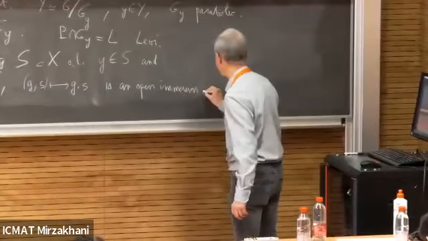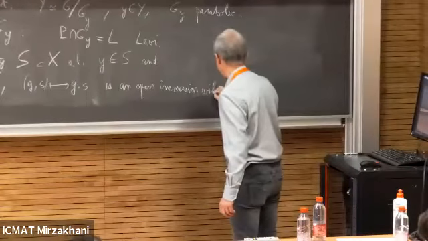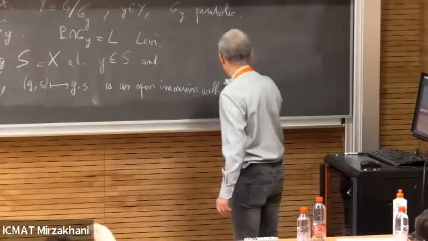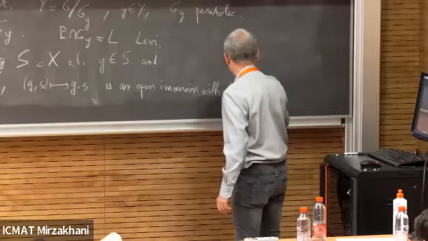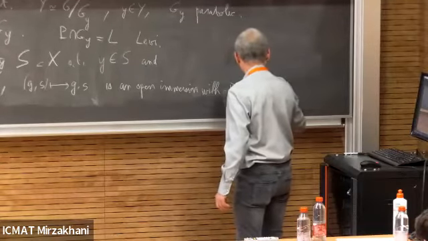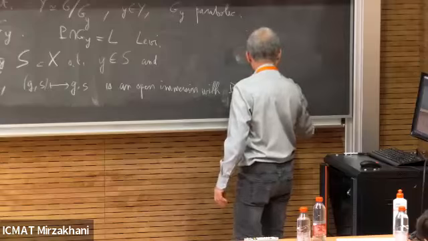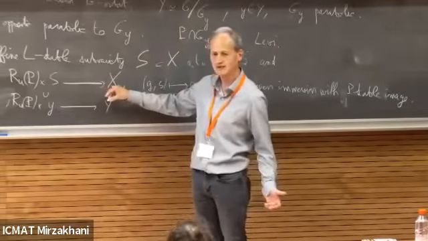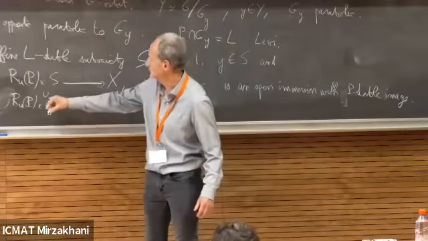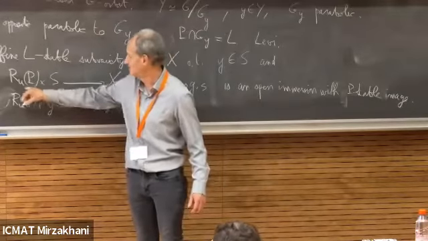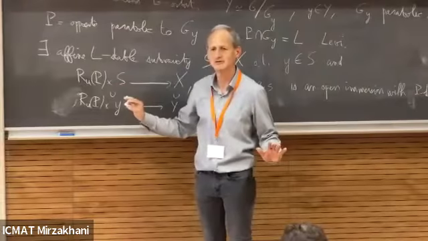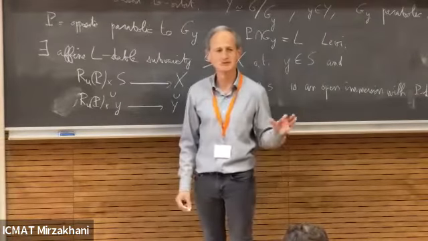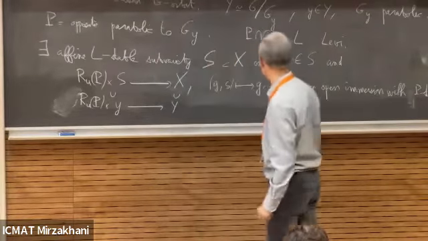To make things explicit, I should say this open P-stable subset is equivariant. Here you have the induced action, and here you have an action of P. P is a semi-direct product.